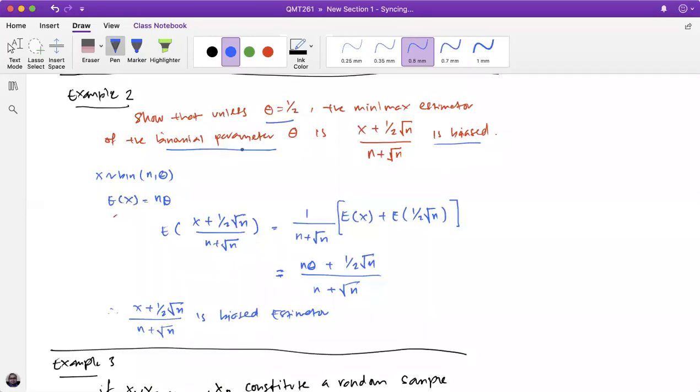The first step to check whether the estimator is unbiased is to take the expected value of this estimator. So we take the expected value of X plus half square root of n divided by n plus square root of n, and we get that it is not equal to theta, right? So this is a biased estimator.